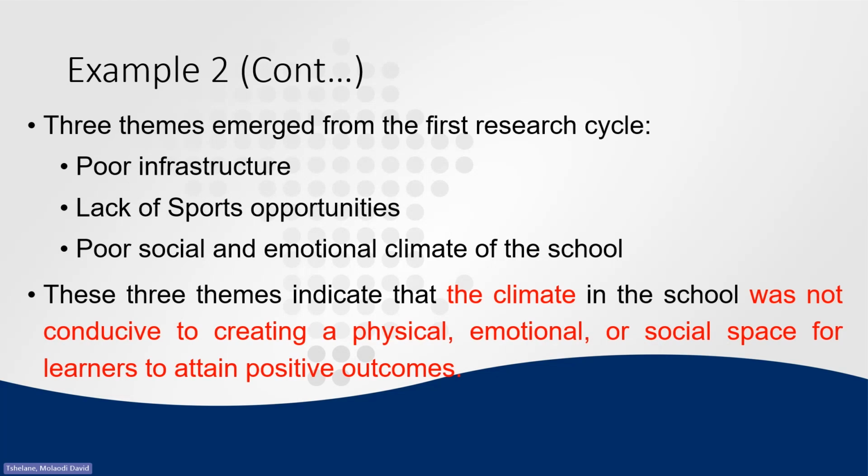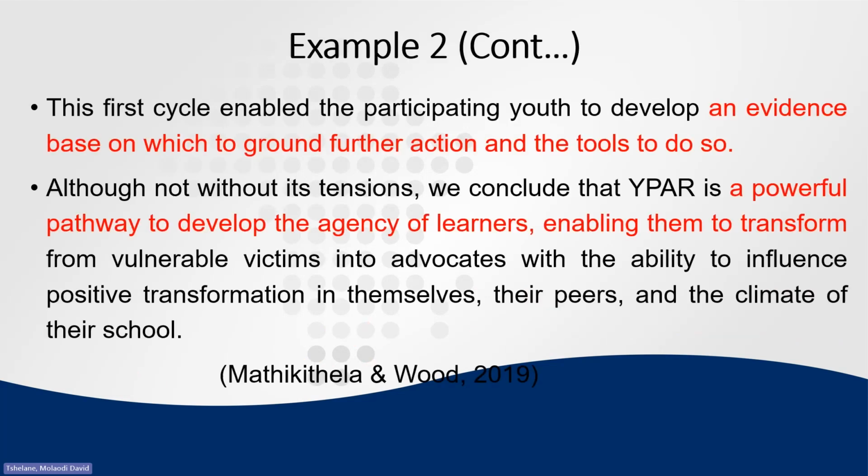And these three themes indicated that the climate in the school was not conducive to creating a physical, emotional, social space for learning to be attained. So, to tap on the first cycle that they looked into, firstly, they enabled participants, particularly youth, to be evidence-based, which is grounded further in action and tools to do so.